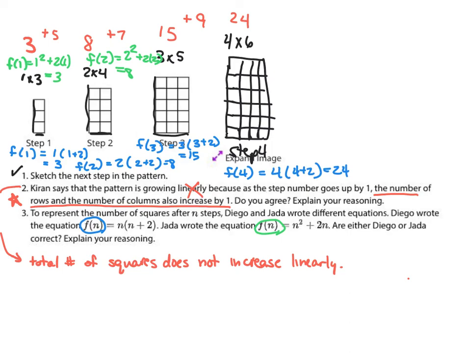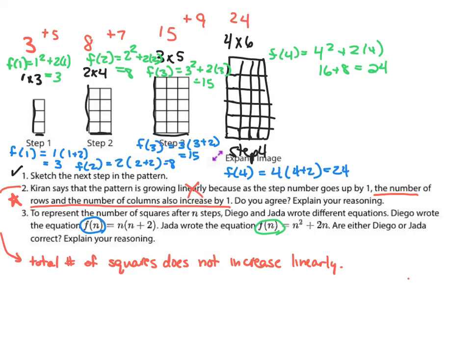F of 3, I wish I had a good place to work. 3 squared plus 2 times 3. 2 times 3 is 6, plus 9 is 15. And then f of 4. Nope. 4 squared plus 2 times 4. That would be 16 plus 8 is 24. So both equations work, and they work because we tested them.